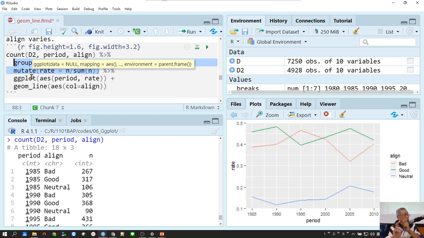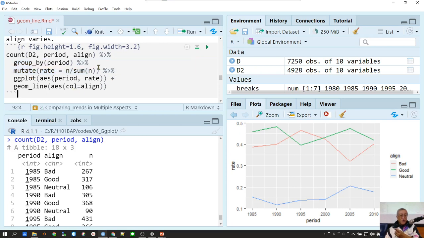What 2 questions? First of all, what are these 2 lines doing? And the second question is why? Why did I do that?